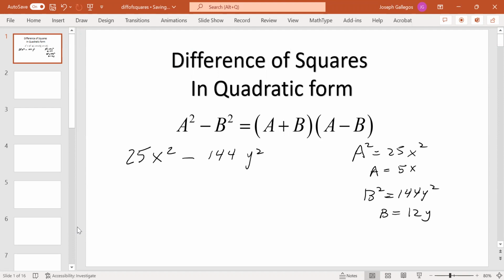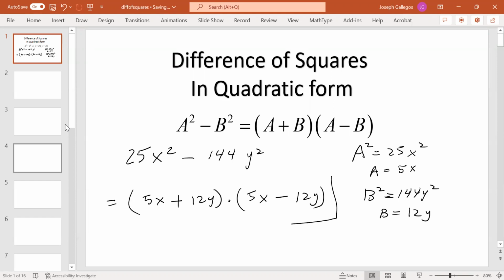So then a squared minus b squared would factor as a, which is 5x, plus b, which is 12y, times quantity a, which is 5x, minus b, which is 12y.